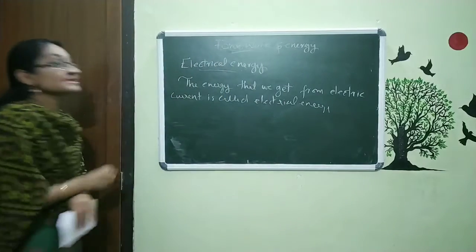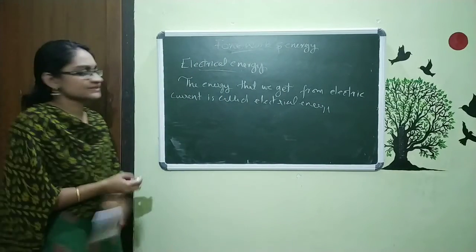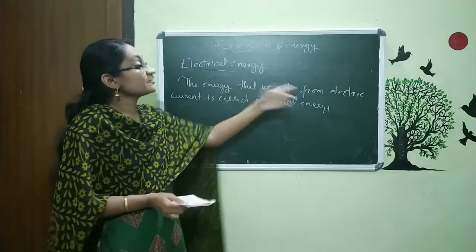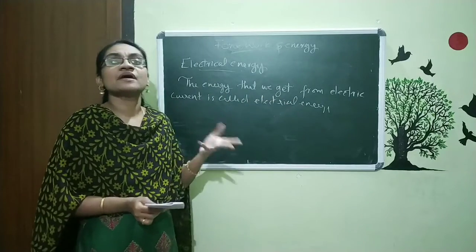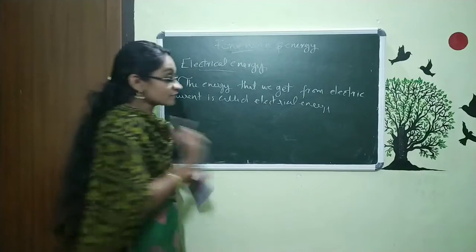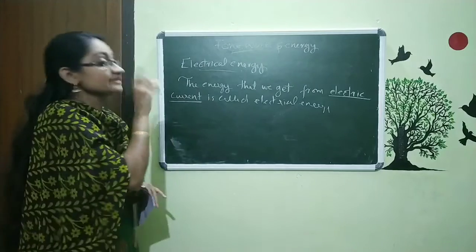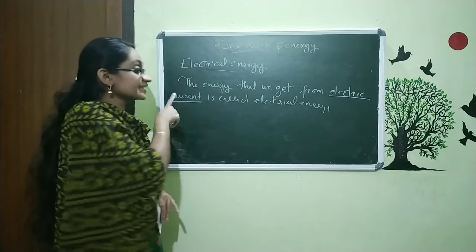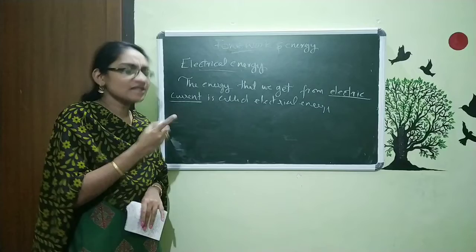So this is the definition for electrical energy. Very simple. The energy that we get from electric current is what? Electrical energy. So here for the electrical energy, you want to remember the term electric current. The energy that we get from electric current is called electrical energy.